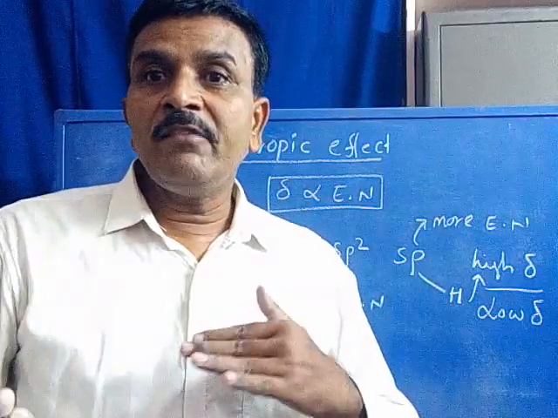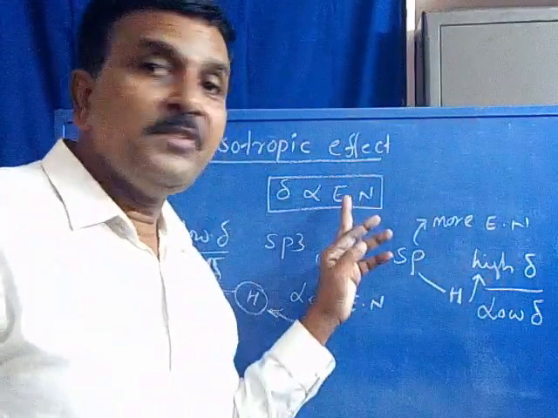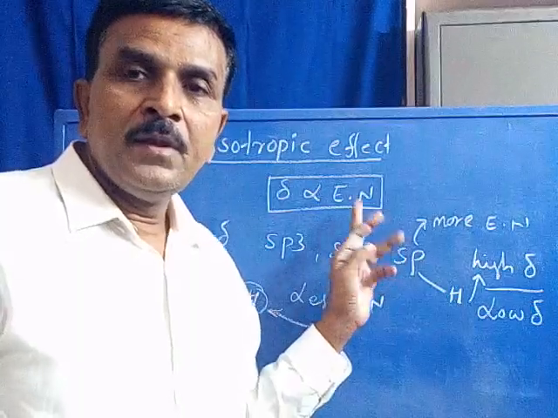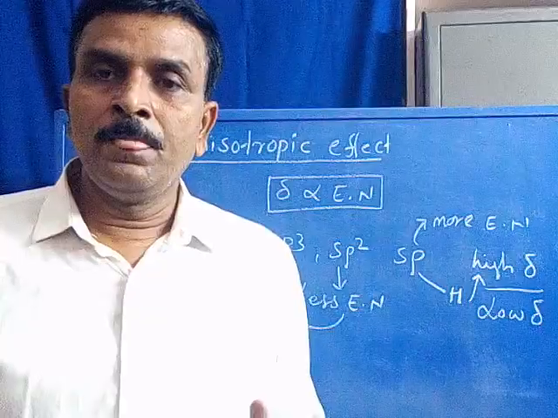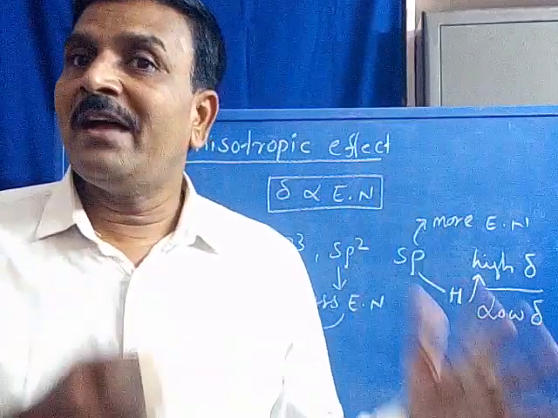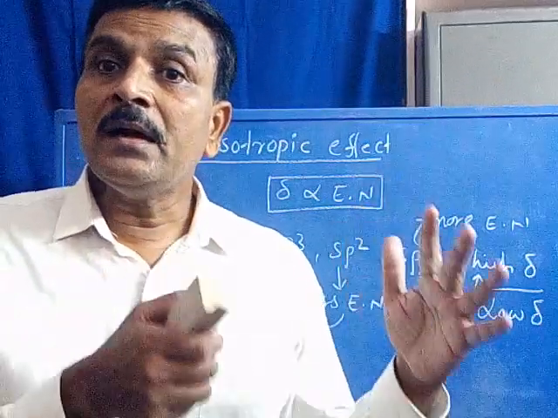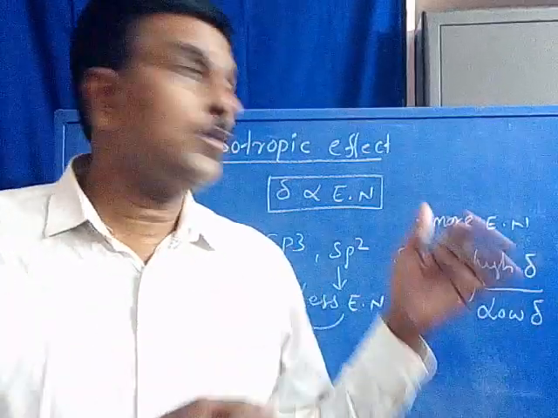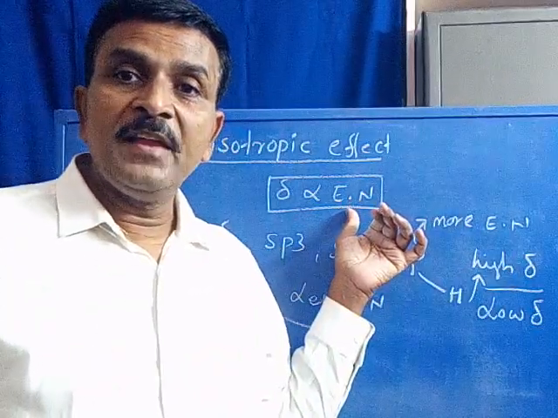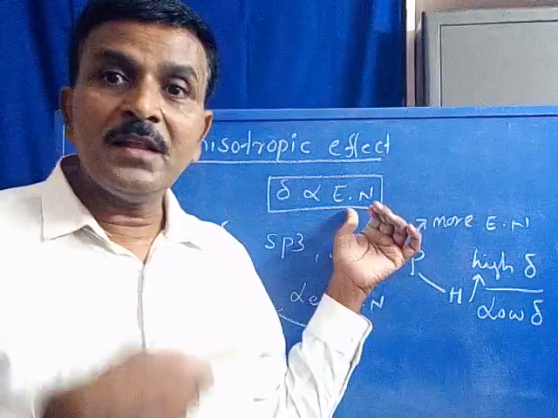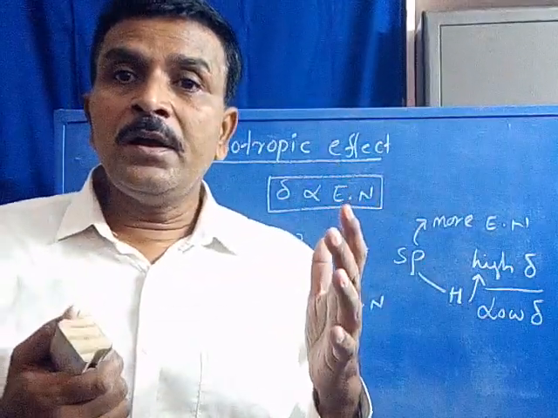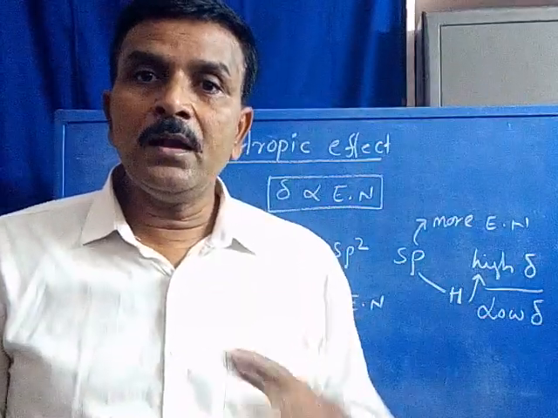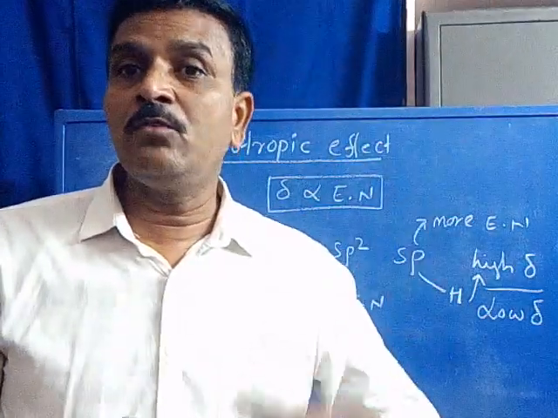Practically it is quite the reverse with respect to the electronegativity effect. So this is an abnormality which we observed here. The proton delta values are not appearing according to electronegativity. This abnormal behavior is explained by what is called the anisotropic effect.